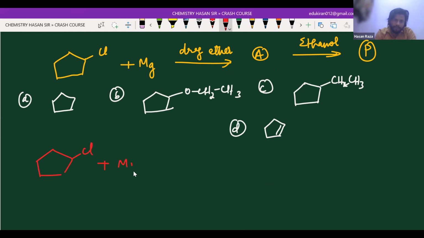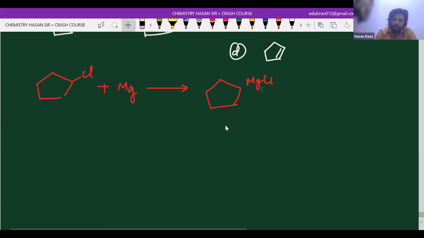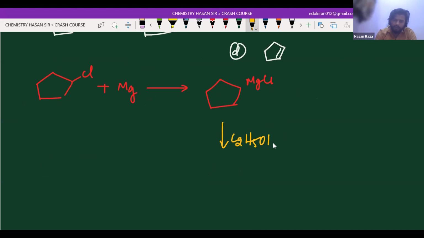If magnesium reacts with this in the presence of dry ether, then there will be formation of Grignard reagent. And if you react this with C2H5OH, you know this alcohol is acidic. So this will neutralize the reaction in the presence of H plus, and it will form alkane and water. The rest part is byproduct. So the answer will be this.